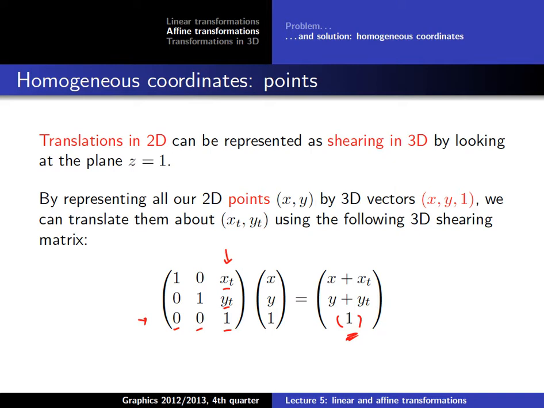And these additional coefficients that we introduce for that are then called the homogeneous coordinates. Now there is one problem with this. If we do this to a point, then of course we can translate it. But as I said at the beginning, if we use a vector to represent a point, then it's not a problem.